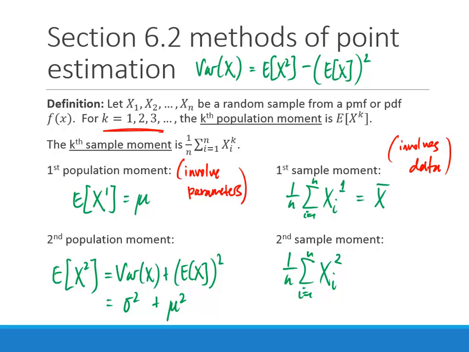You could also have the 37th population moment, for example, the expected value of x to the 37th power, or the sample moment, the average of the observations raised to the 37th power. That's not something you would probably ever use, but the point is that you could.